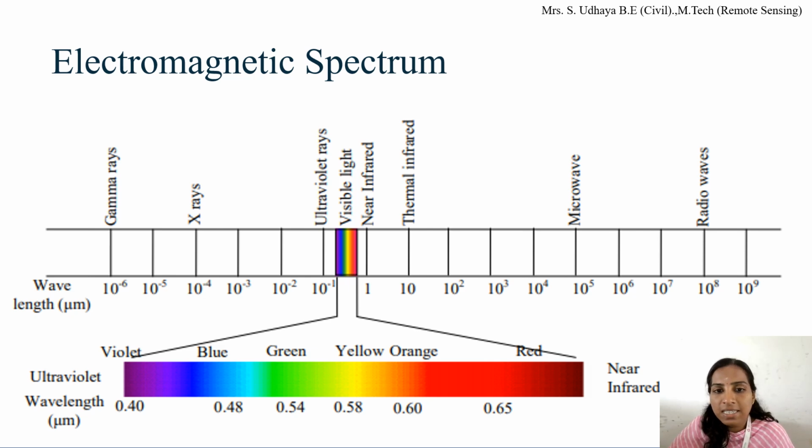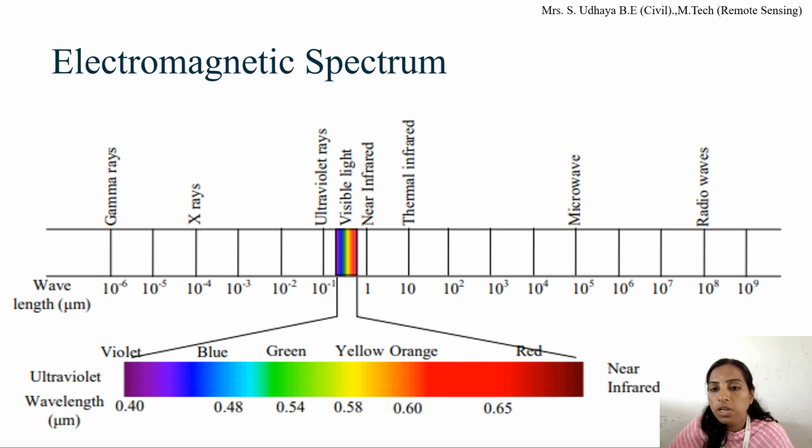After the visible region, we have infrared. Infrared is named after the red region of the visible spectrum, since it is located very near to it. Infrared is further grouped into three classes: near infrared, mid infrared and thermal infrared. Then after infrared, we have the microwave region, which has the longest wavelength, and it is nowadays most suitable for remote sensing, because its main advantage is that it can even penetrate through clouds.